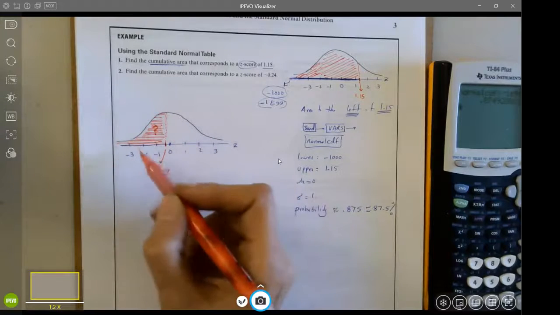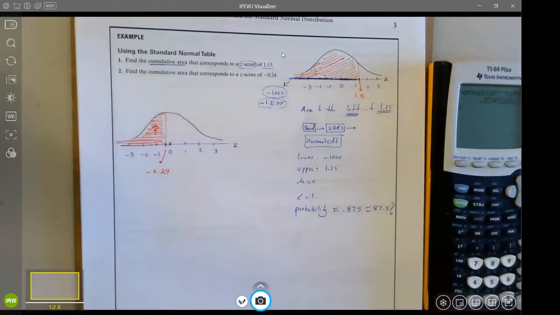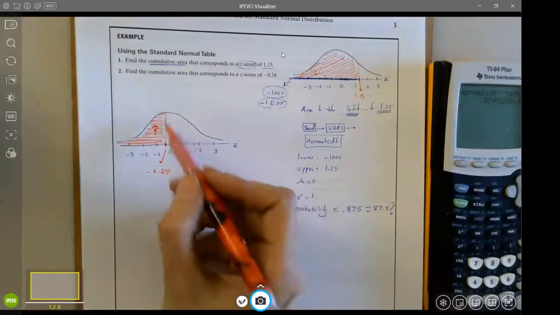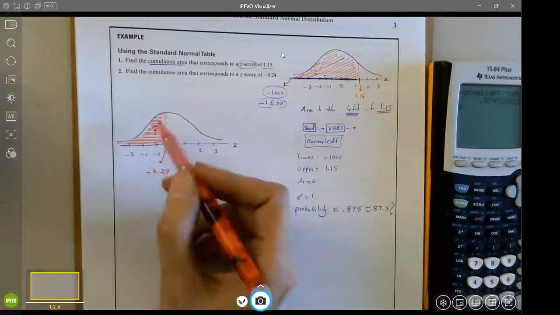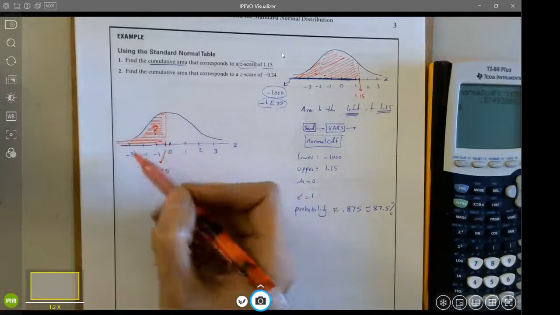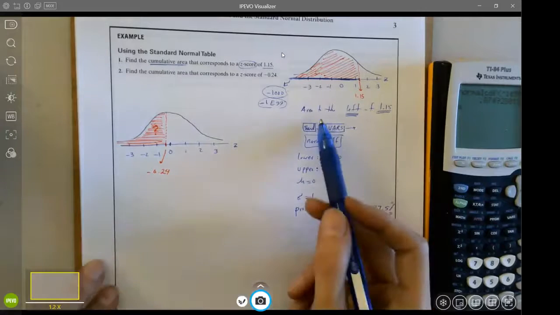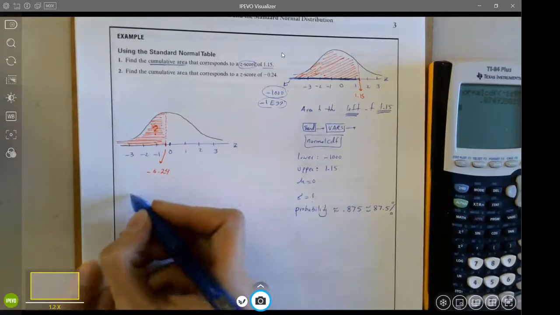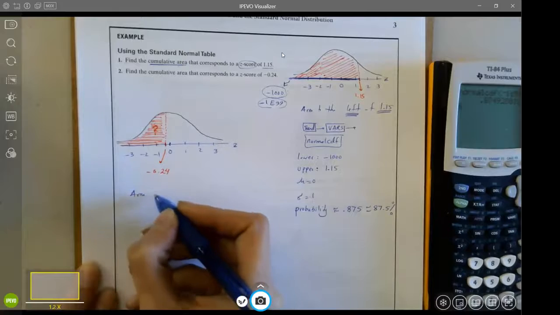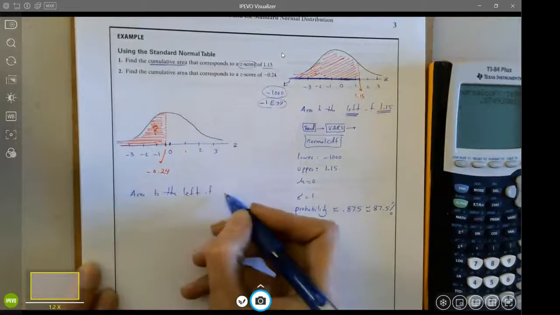So by looking at the curve, you say, it's roughly less than 50%. But how do we find this area? Again, we're going to use our calculator. The area to the left of negative 0.24.